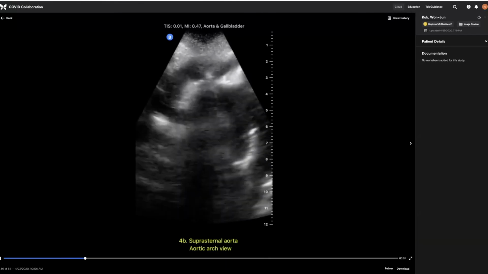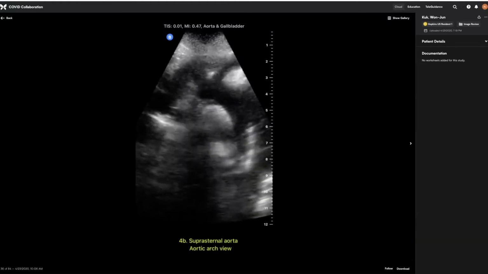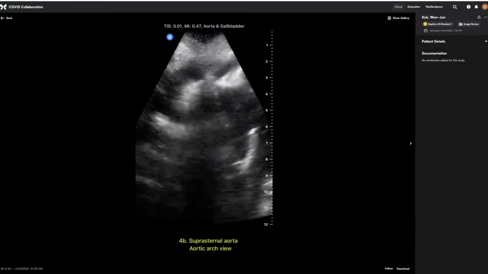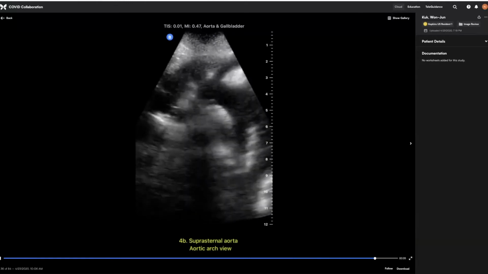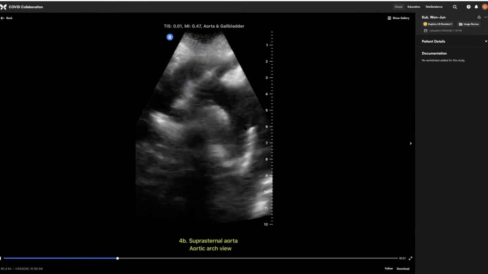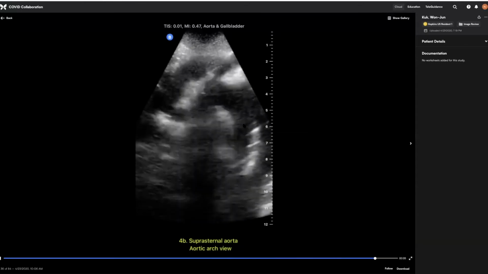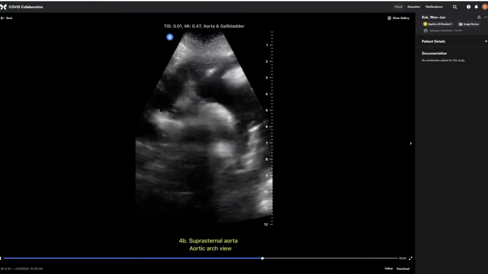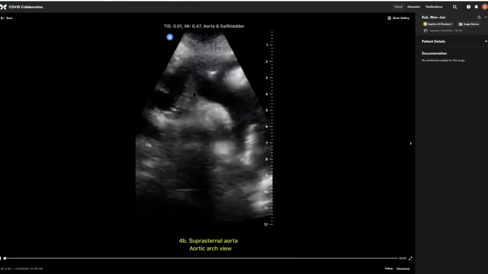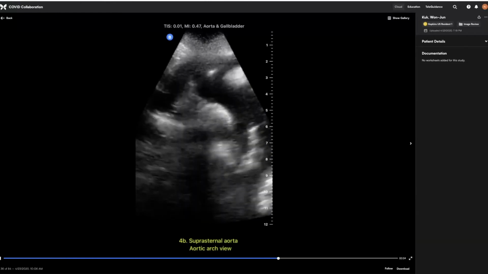This is called the suprasternal notch view, and you're literally trying to image the arch of the aorta to see if there can be either a dilation or a dissection flap that is visible within the arch, to make sure that we're not having an ascending or arch dissection. And this trainee managed to actually get a pretty decent view of the arch that's right here, along with the branches.